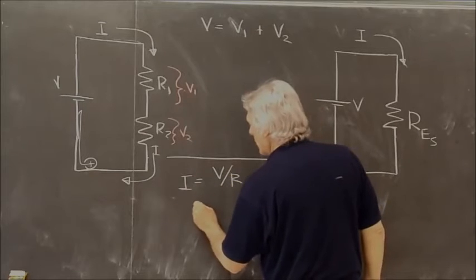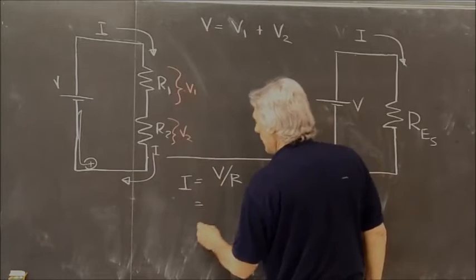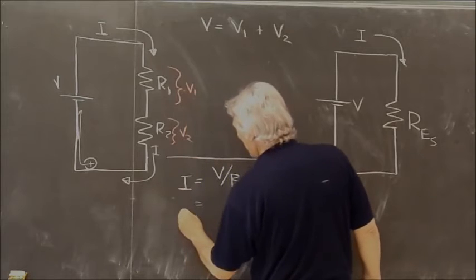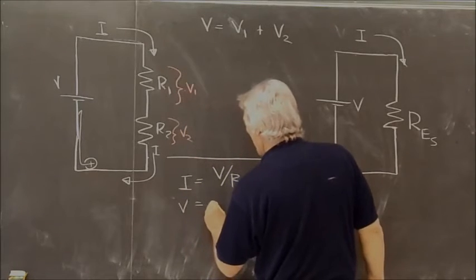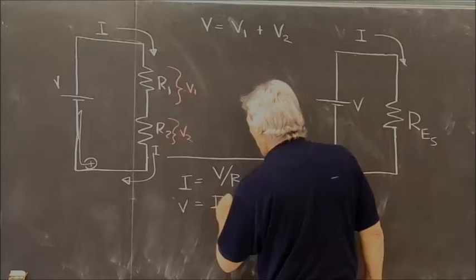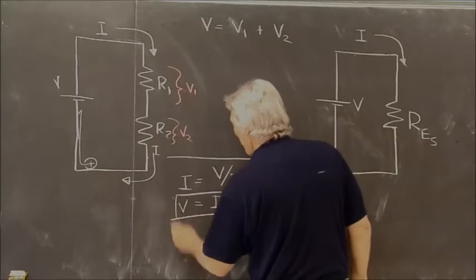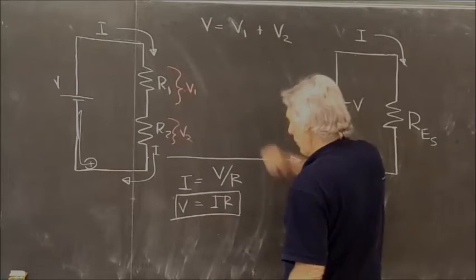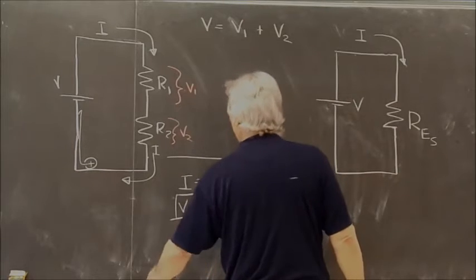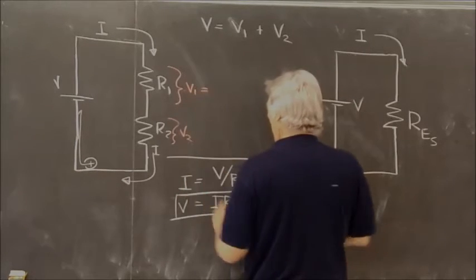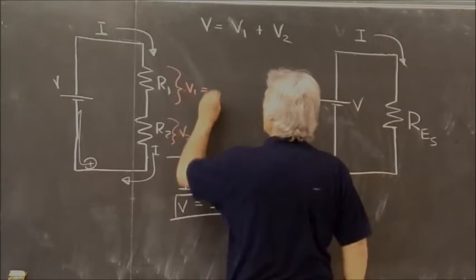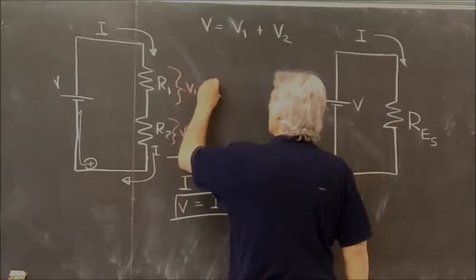We can rearrange this equation, and this will become important when we go to find the voltages. V, therefore, will be equal to IR. We're going to use that relationship now. So, V1 must equal the current that flows through that resistor, I, times R1.